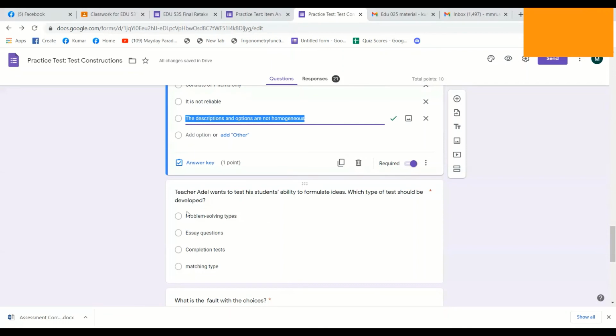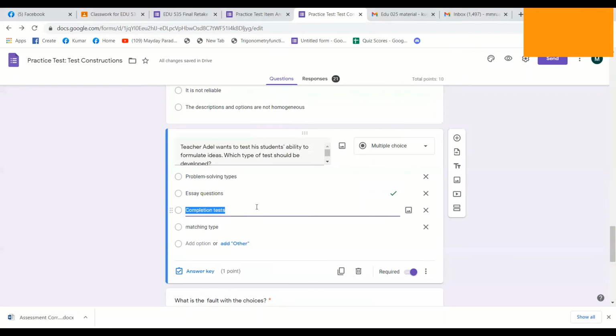This is not referring to mathematical problem solving. There are methods where there is, let us say, a problem that students are going to solve, a particular issue. One example of this is research. Research could be a problem-solving type of method of assessment.